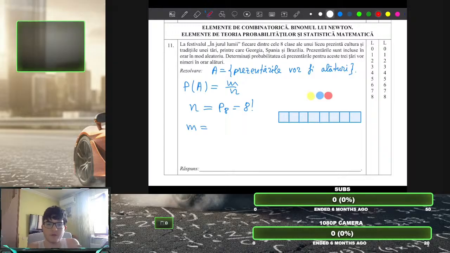The rest of the 5 can be switched around, so 5 factorial, right? But these three countries specifically, what can you do with them? Thinking about all the cases, it can either be 1, 2, 3, 4, 5, 6, 7 cases perhaps when they're placed together.